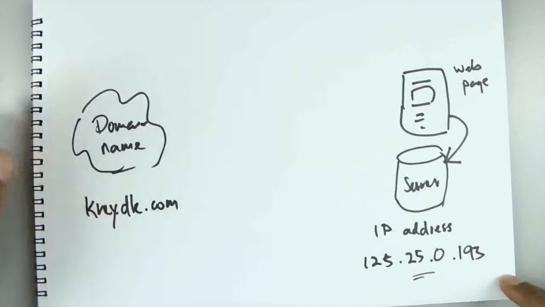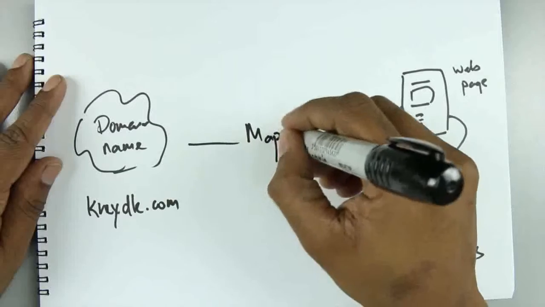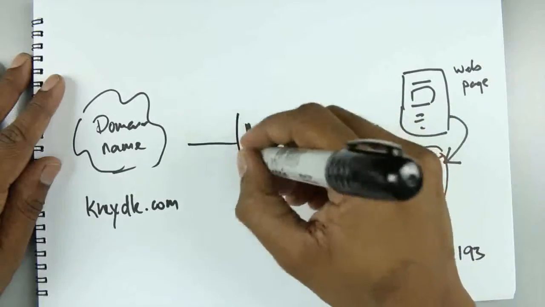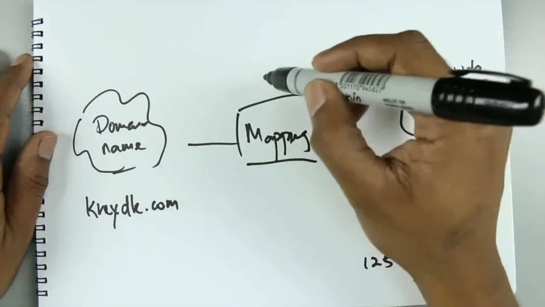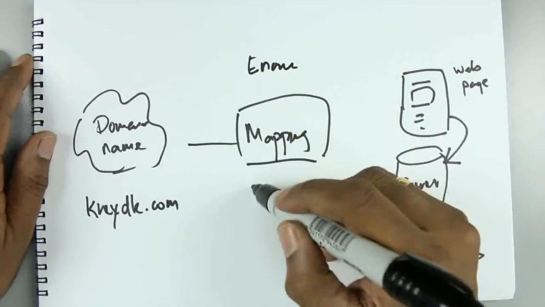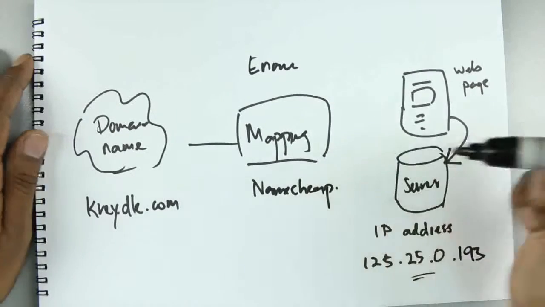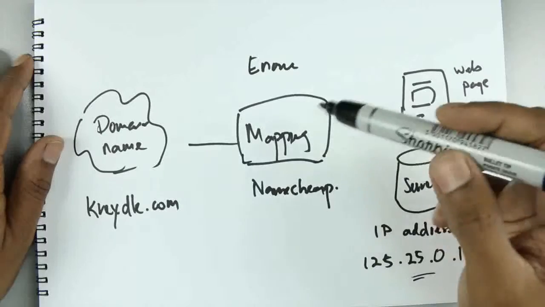When they type cradle.com in their browser, what happens is that a mapping process happens, okay, from the domain name registrar. So that can be, let's say, Enom or Namecheap. Okay, so the place where you registered your domain name, they will store this mapping information.